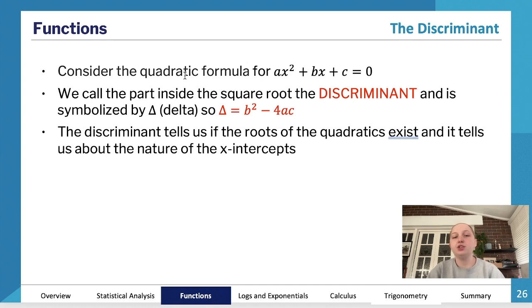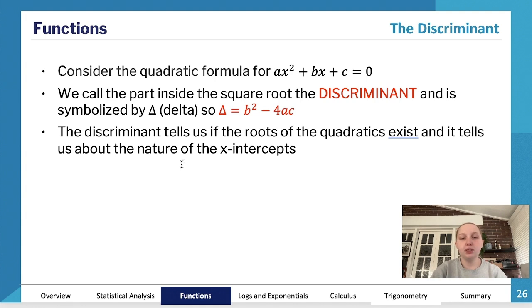Okay, and your discriminant is symbolized by this little triangle, which is the Greek symbol delta, as part of the Greek alphabet. So essentially, your discriminant or delta is equal to b squared - 4ac, which again is just what exists underneath the square root sign of your quadratic equation.